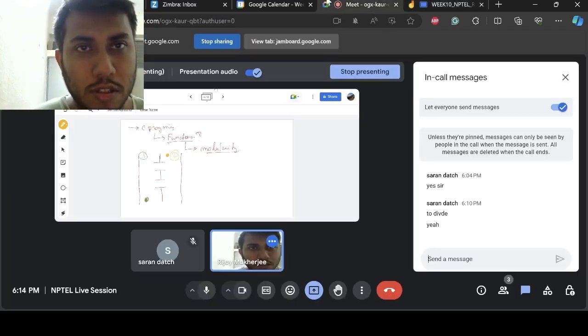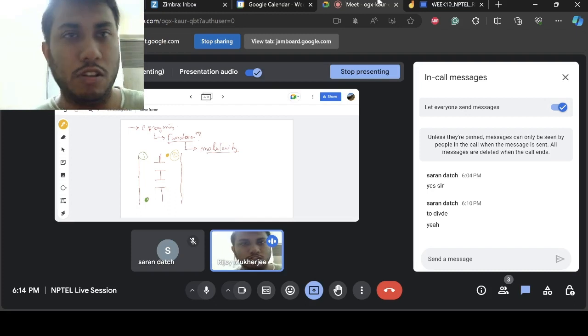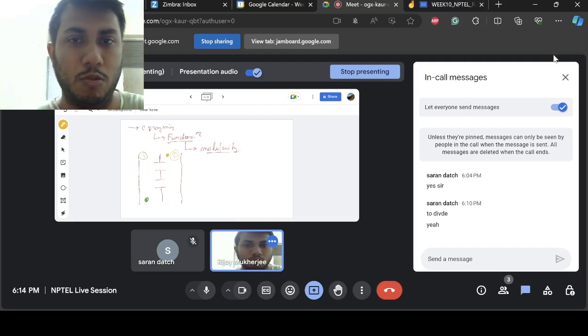So what are the steps you will follow to reach that room 2?